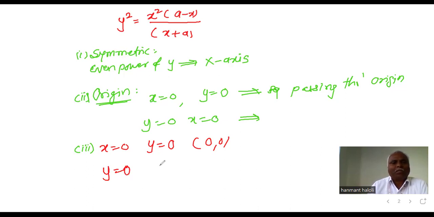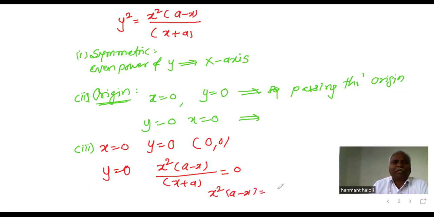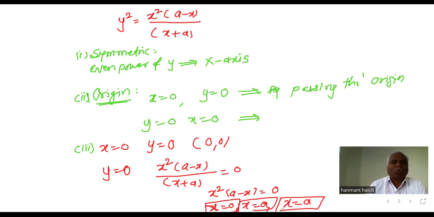Y equal to 0 means you get x square upon a minus x upon x plus a equal to 0. Then you get x square into a minus x equal to 0. This means x equal to 0 you get 2 times, and you get x equal to a. X equal to a, and 0, 0 means the curve is intercepting the axis.